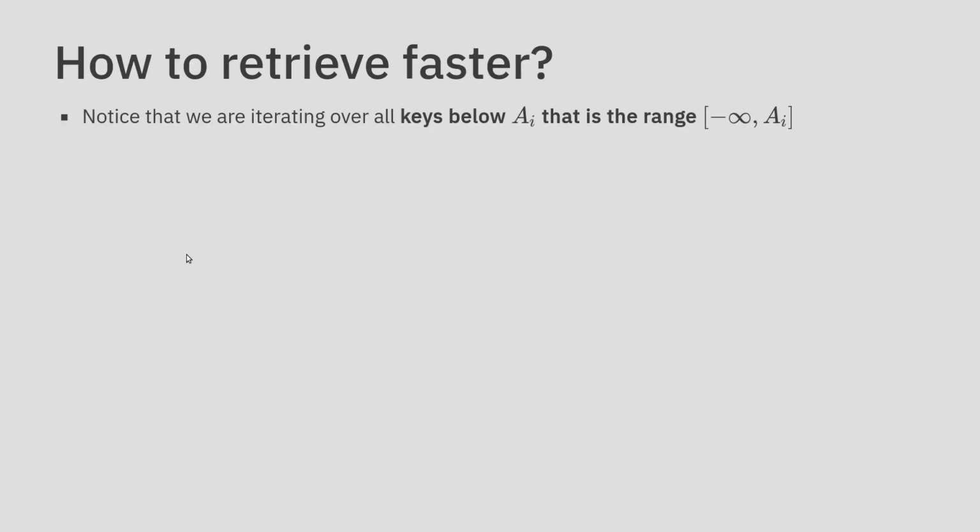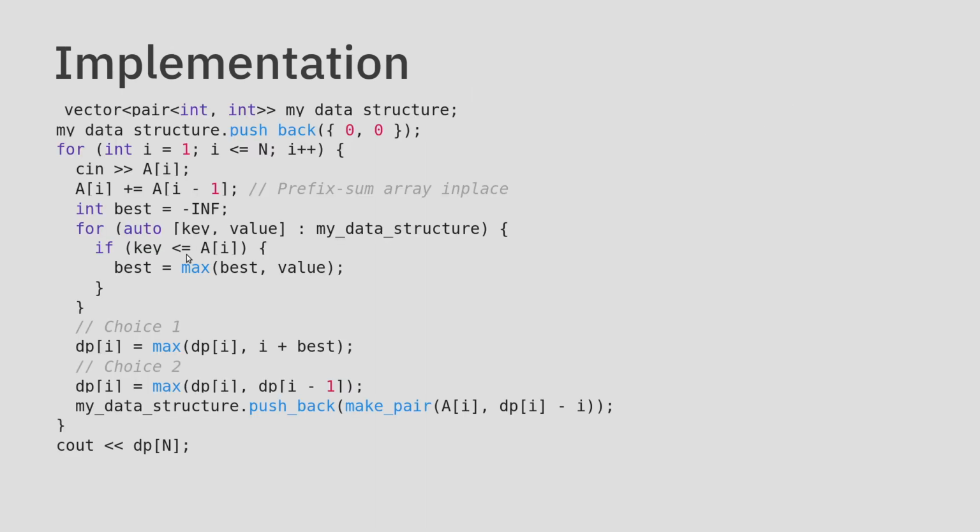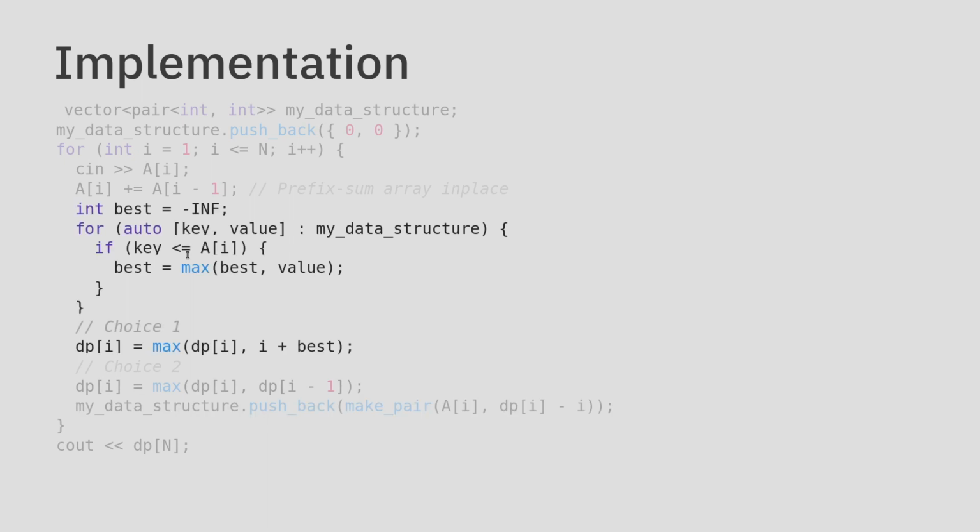We are iterating over all the keys below a of I, so that is basically the range minus infinity to a of I, anything that is below a of I, as you can see in this highlighted code. We are iterating over all the keys in our data structure which are less than or equal to a of I and finding the maximum value corresponding to that key.